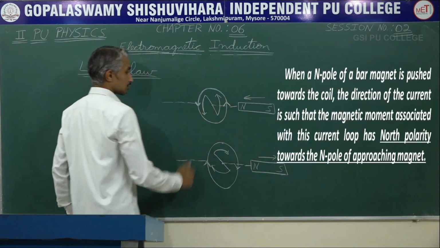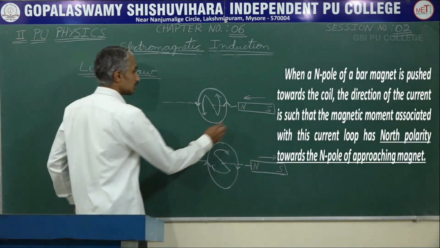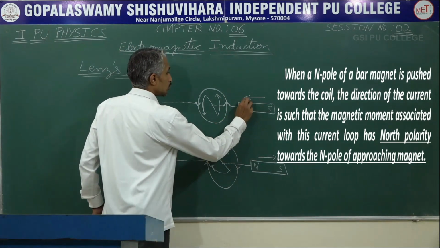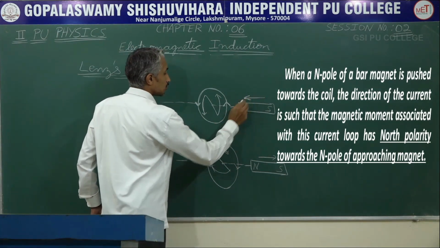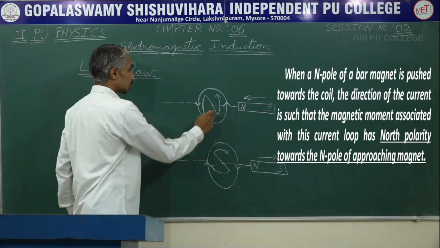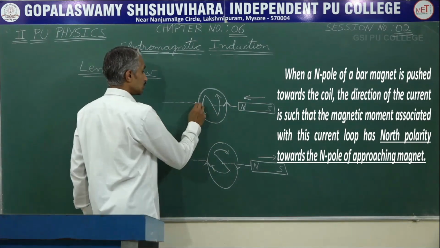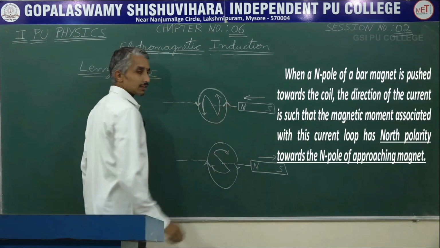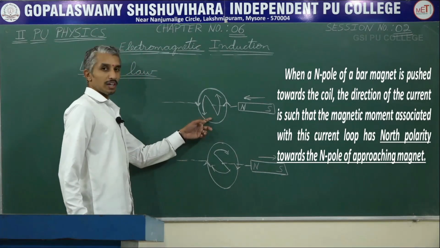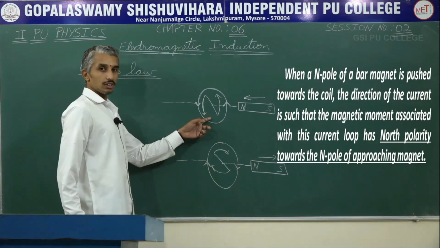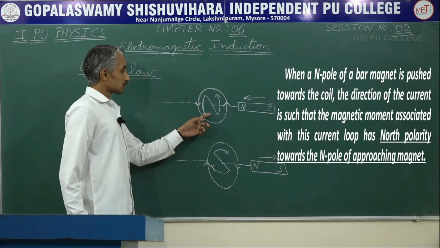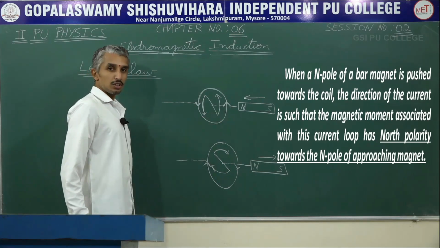Here this diagram signifies that the north pole of a bar magnet is moved towards the coil.